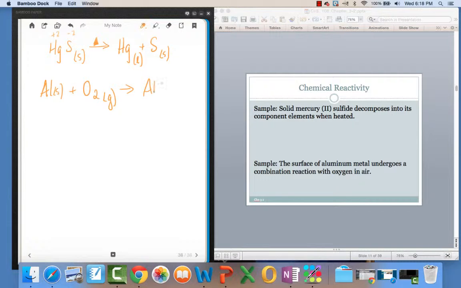So we have Al and O. We know Al is +3, O is -2, drop and cross, I get Al2O3. However, this is not balanced. If I have 2 oxygens here and 3 here, my least common multiple is 6. So I'm going to put a 3 here, a 2 here. My oxygens are balanced, but now I have 4 Als.